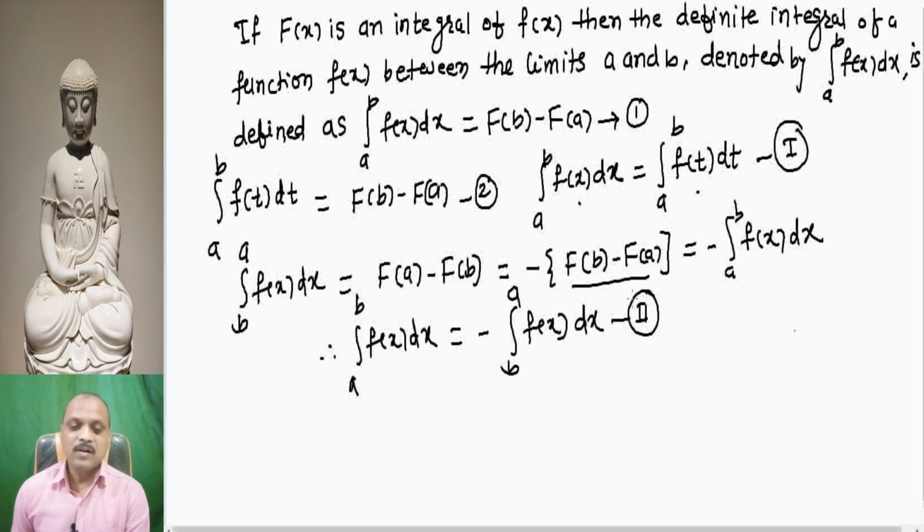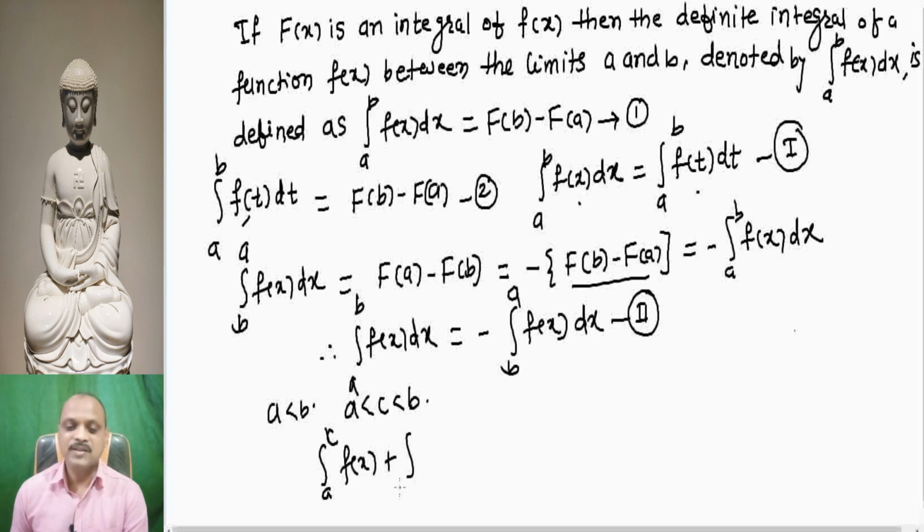If we have a number between a and b, suppose b is greater than a and there is a number c lying between a and b, let us take the integral a to c of f of x plus the integral c to b of f of x dx.